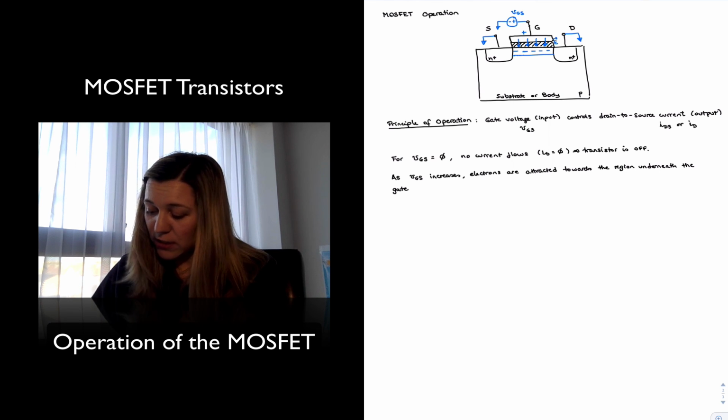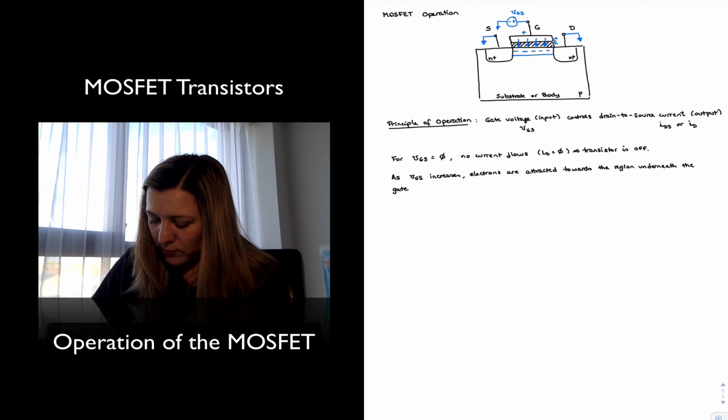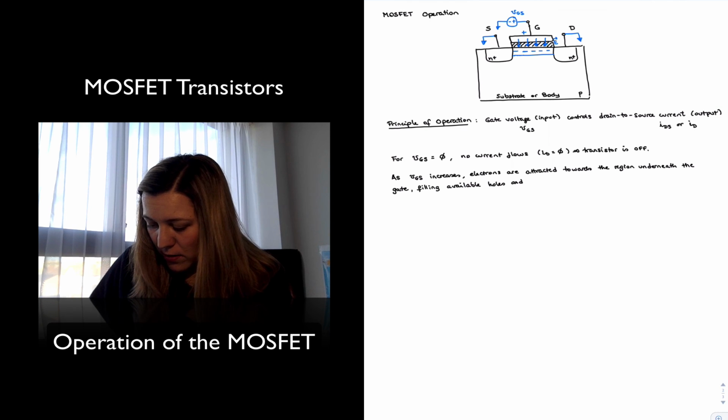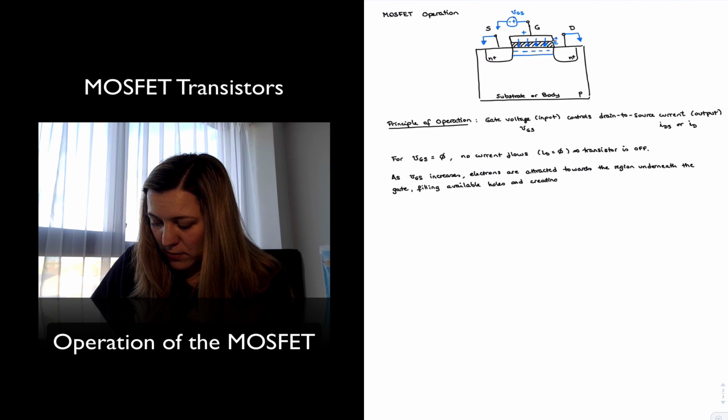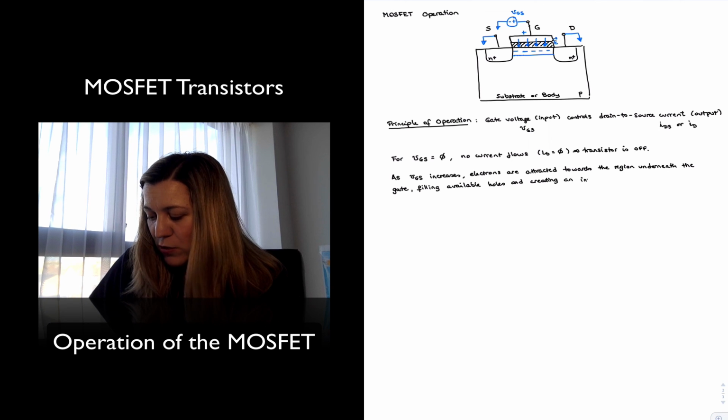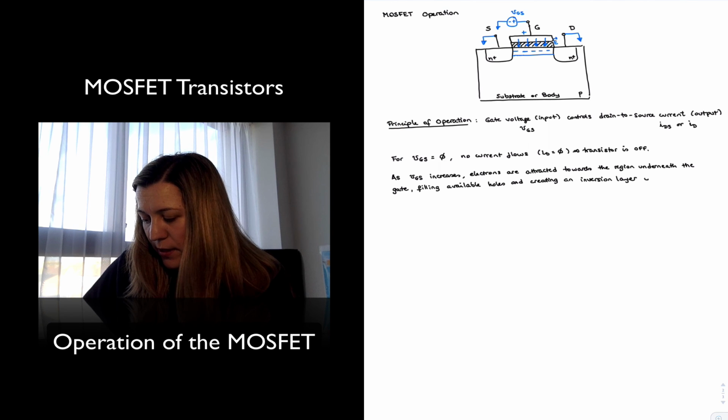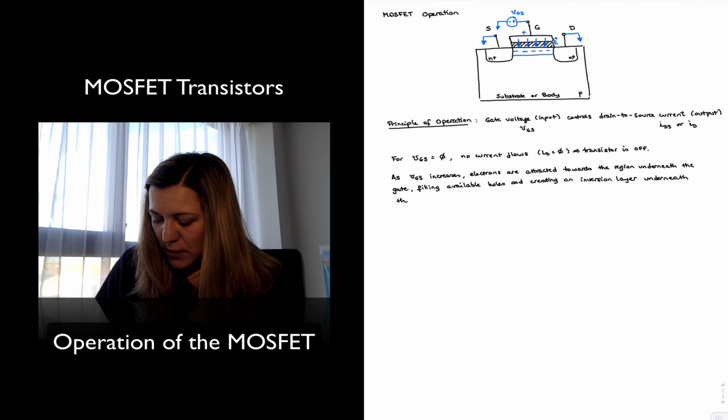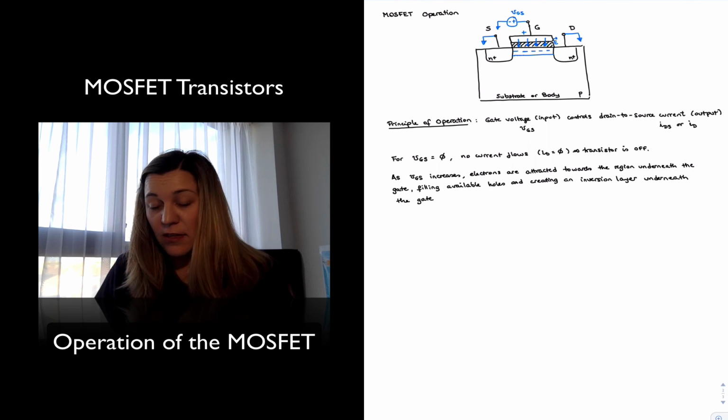Well, let's say electrons are attracted towards the region underneath the gate, filling available holes and creating what we refer to as an inversion layer underneath the gate. The reason why we call it an inversion layer is because we have inverted the type of material.